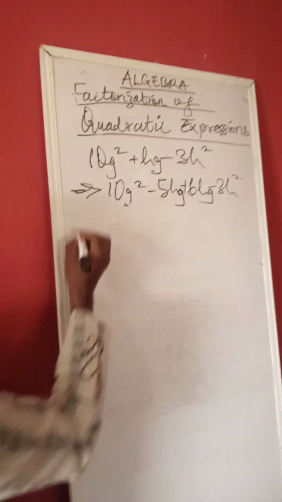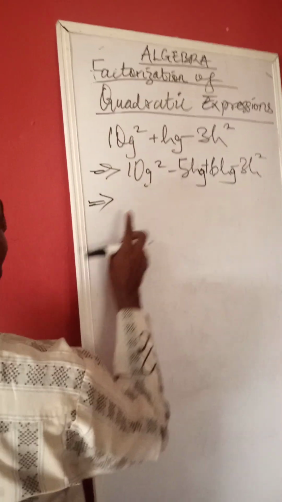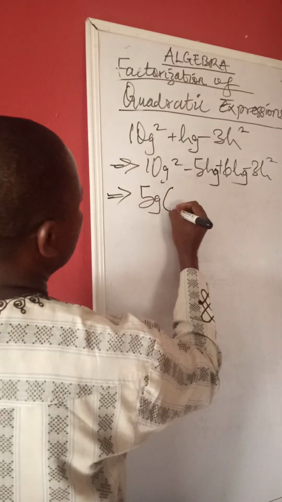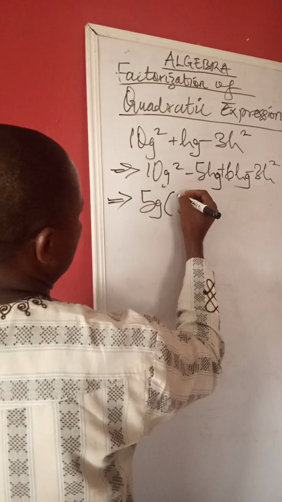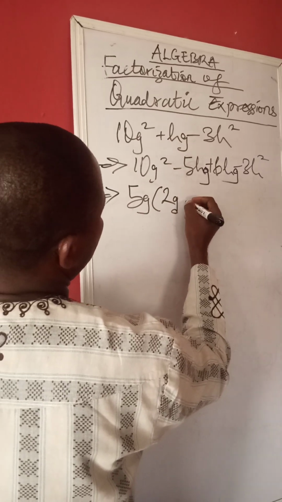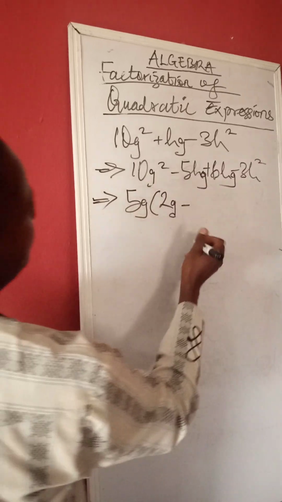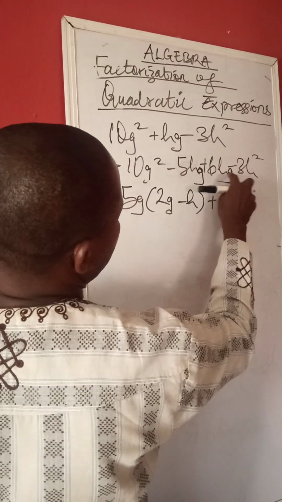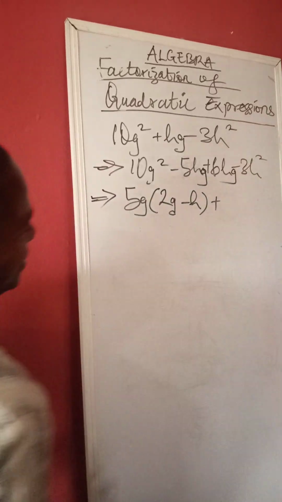So something is common, like I said earlier. This will now imply what is common? 5g is common, and what will remain here is 2g minus h. Then, plus 6gh minus 3h squared, 3h is common.